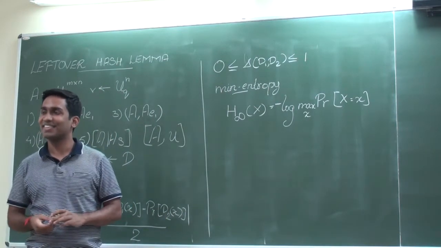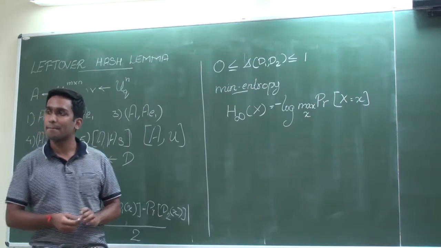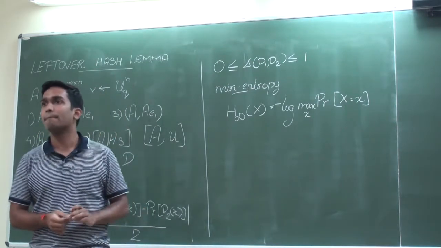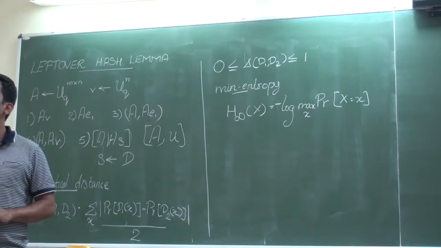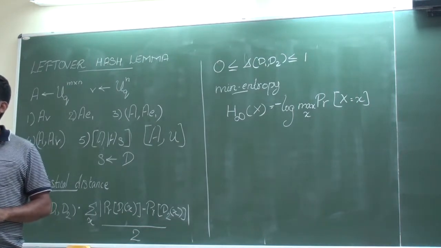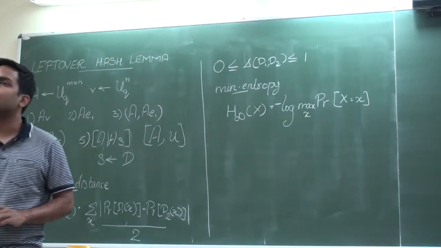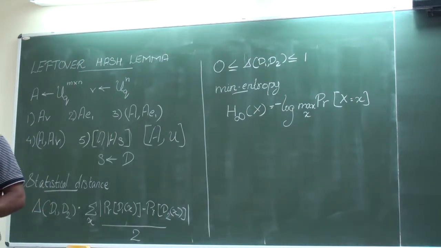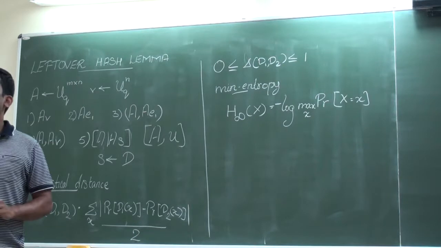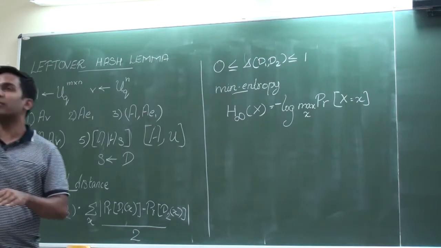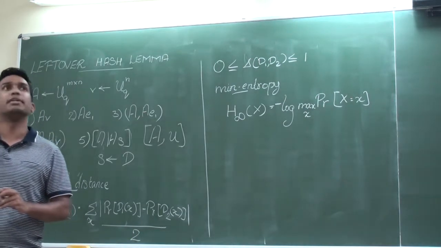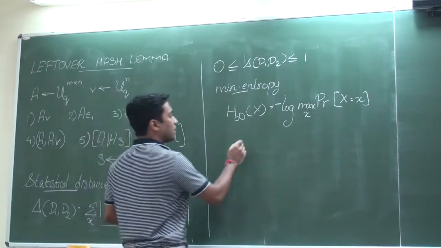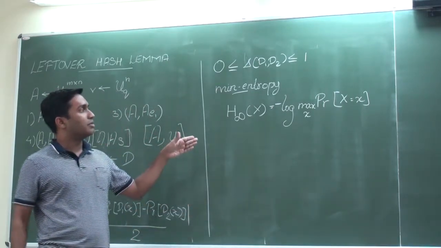Ashish? The definition is okay, but I'm not sure about the utility, because one element might just bias everything. If one element has a high probability and the others have equal probability, the entropy will be very high, but the min entropy will be low.